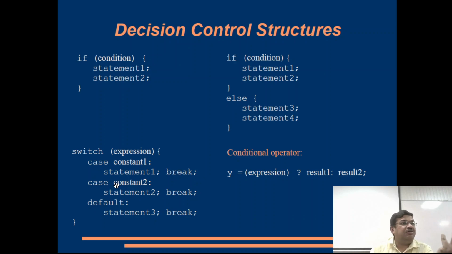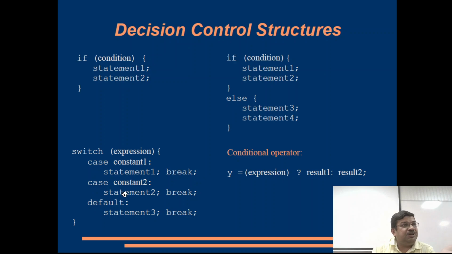Case 2 would obviously be false, and then some other statement would be executed. You would list out something that has to be done in the case of false. But if you do not have this break, then first this statement would be executed and then this statement would be executed. This is only a label, this is not a condition, right?